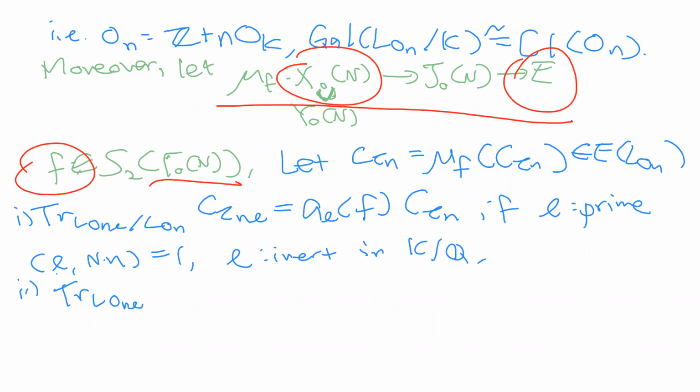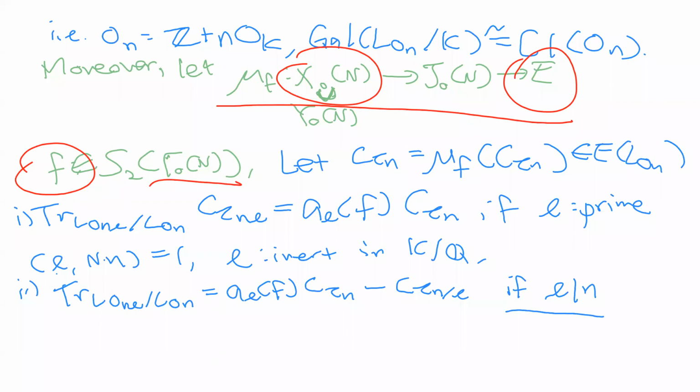In that case, the norm is a_L(f) times c_{τ,n} minus c_{τ,n/L}, if L divides n. I should check the paper, but I think in this case L doesn't need to be inert, but I'm not sure, so I should check.